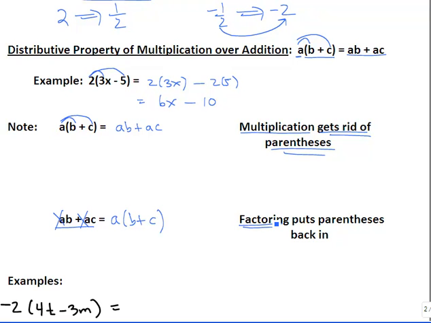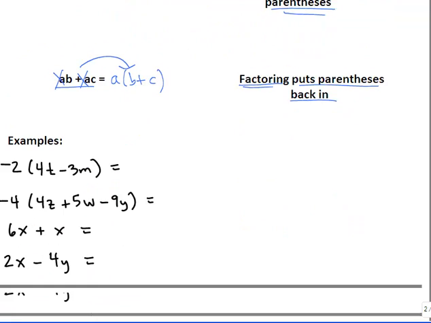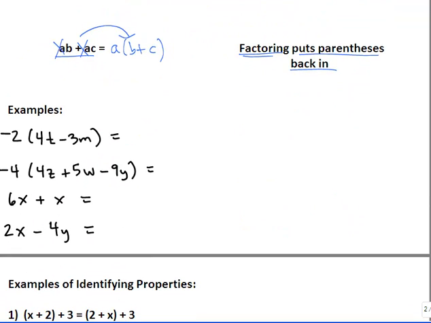So when you put the parentheses back into the problem, that's called factoring. So there's a difference between multiplication, which eliminates parentheses, and factoring, which puts parentheses back in. Okay, so let's practice the difference between these two with some examples.